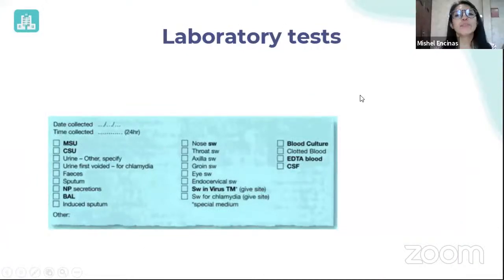Okay, so we have here a laboratory test form, and you can find some boxes that you will fill in if you need to take these kinds of tests of your patient, right? What are the most common ones, in your experience?